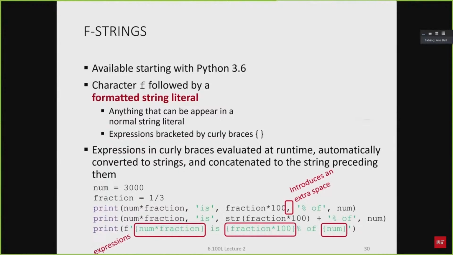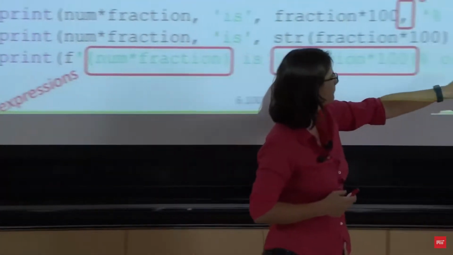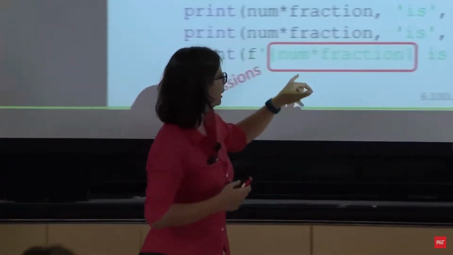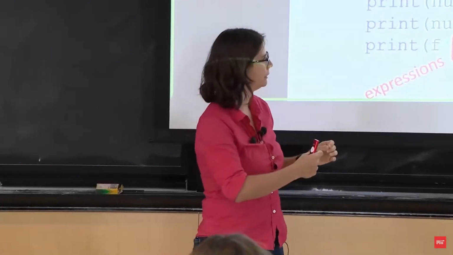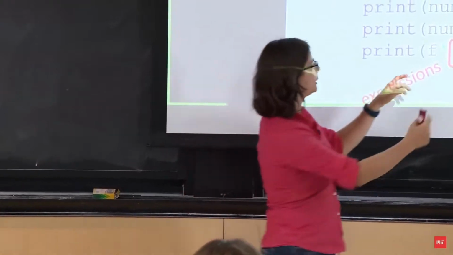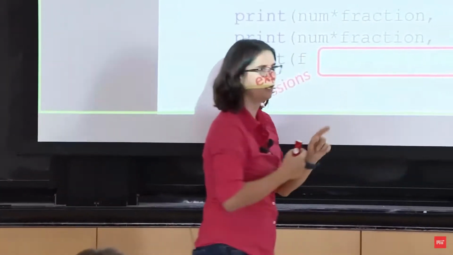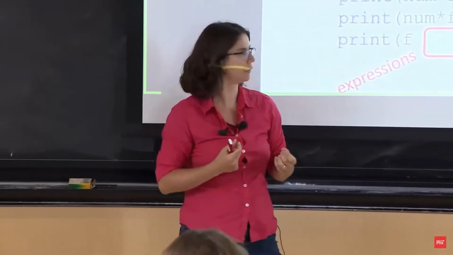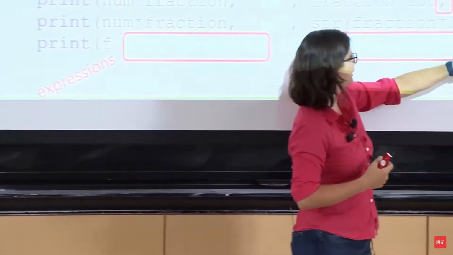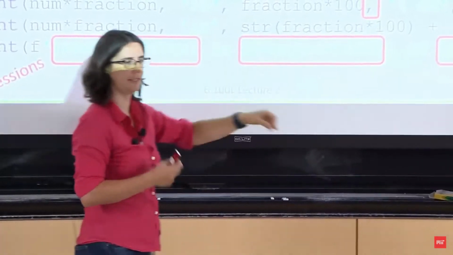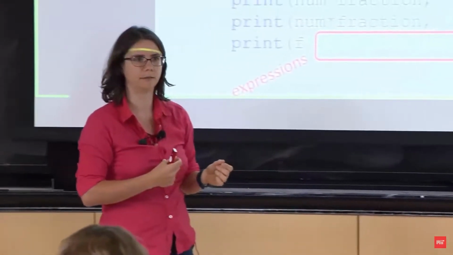F strings are basically this F and then a long string. And it's a mixture of expressions and things that I want to print literally to the screen. So the things that are not inside a curly bracket are all things I'm going to print literally to the screen. So the space is a space, and later on the % is a %. Those are all things that will literally be printed to the screen.